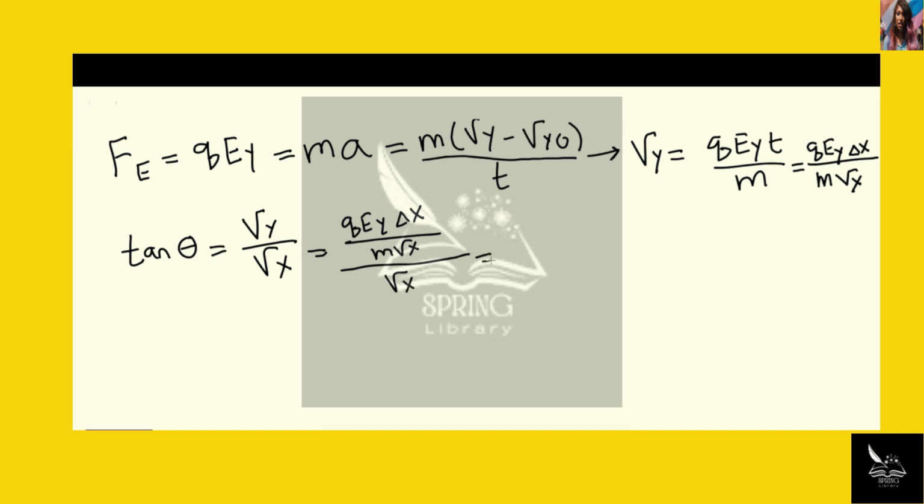We can simplify this down a little bit. Q, E field, delta x, and Vx squared. And we can express Vx in terms of the total V. So we have Q Ey delta x over 2Q V. This is using the potential.